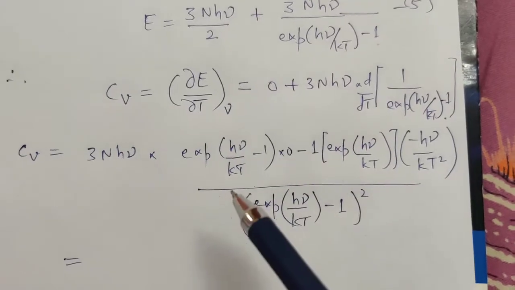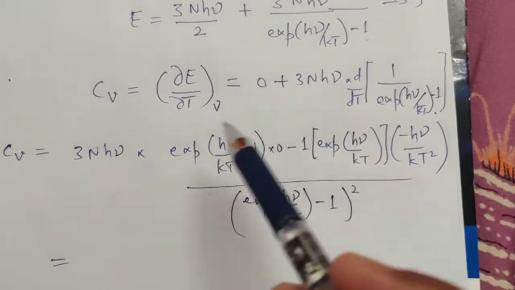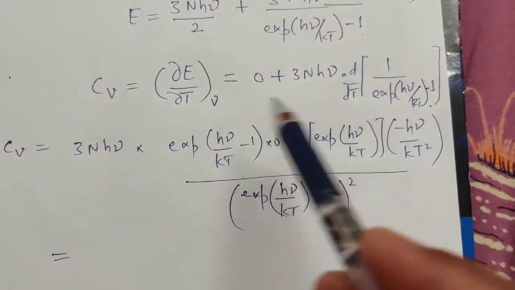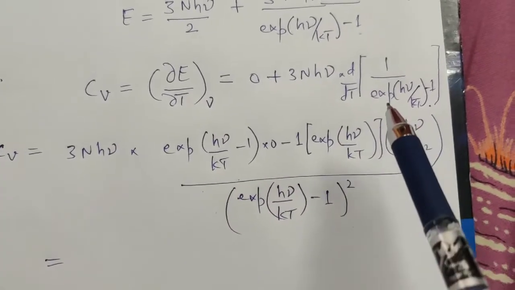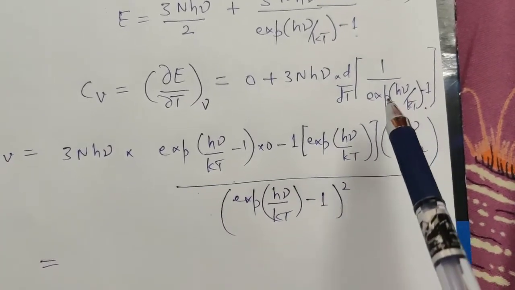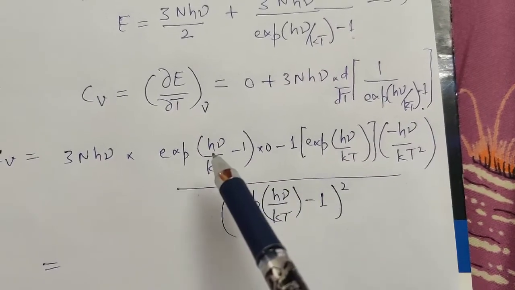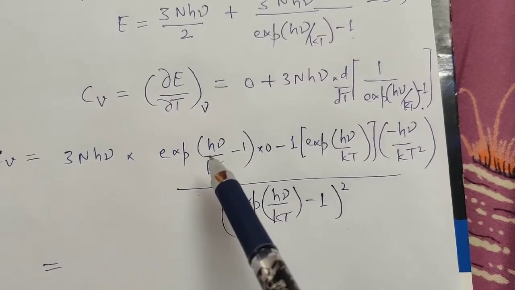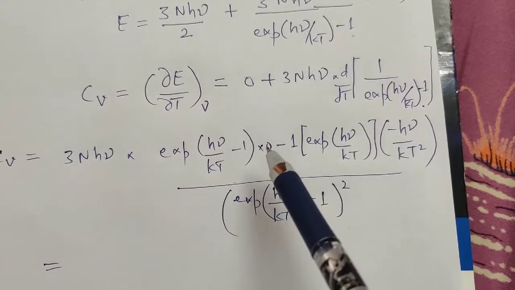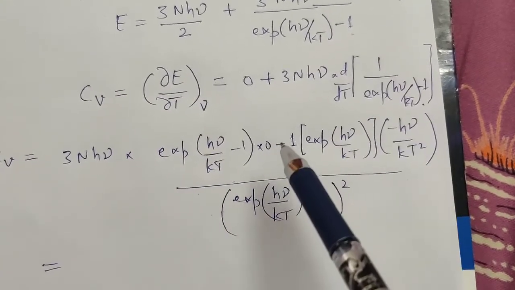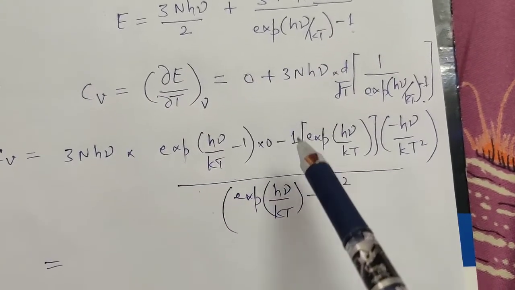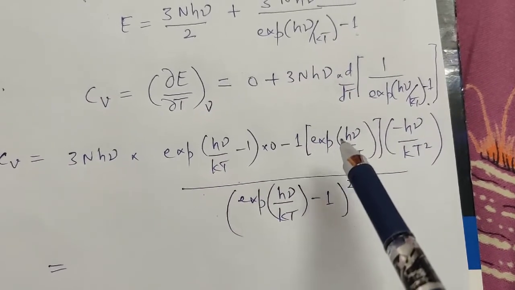So now this is differentiated by the division rule, so this will be the square of the second function in the denominator, second function times differentiation of the first function, which is constant and equal to 0, minus first function times differentiation of the second function.